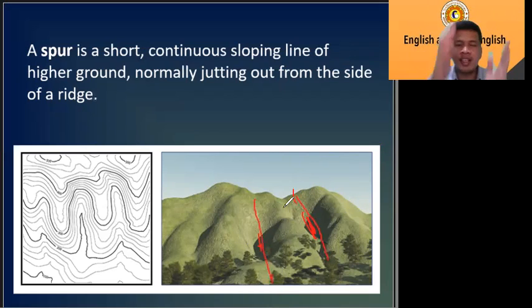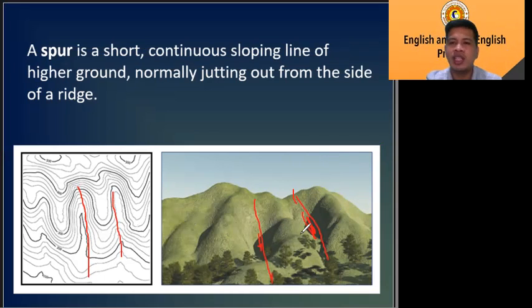They're parallel streams that draw down the side of a ridge. From the ridge, going down, usually parallel. If you look at this on the map, these are parallel to each other. Like this one, that is called a spur.